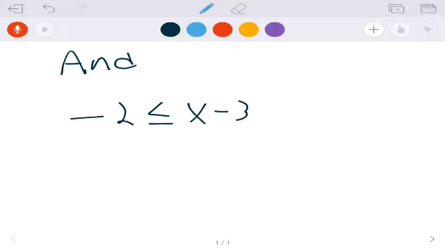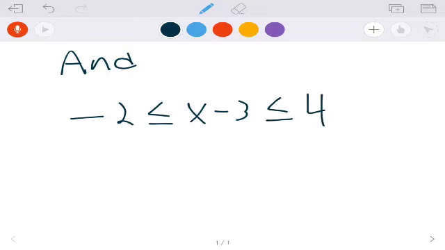So the first thing we're going to look at is and, when we're dealing with an and inequality. There are a couple of ways that these are frequently written. An example of this might be -2 is less than or equal to x minus 3, which is less than or equal to 4.